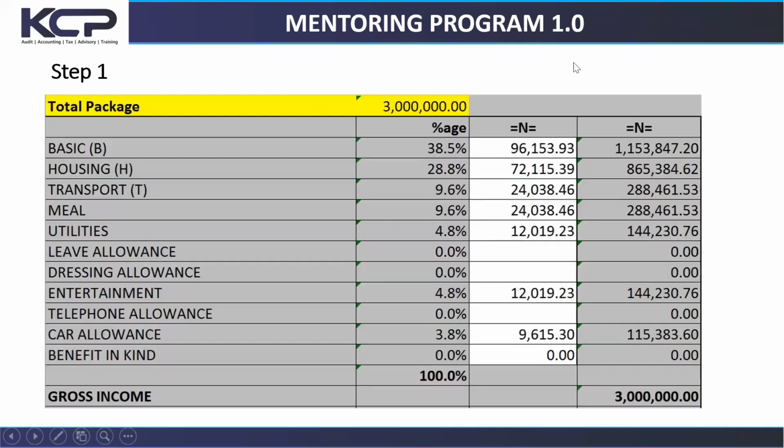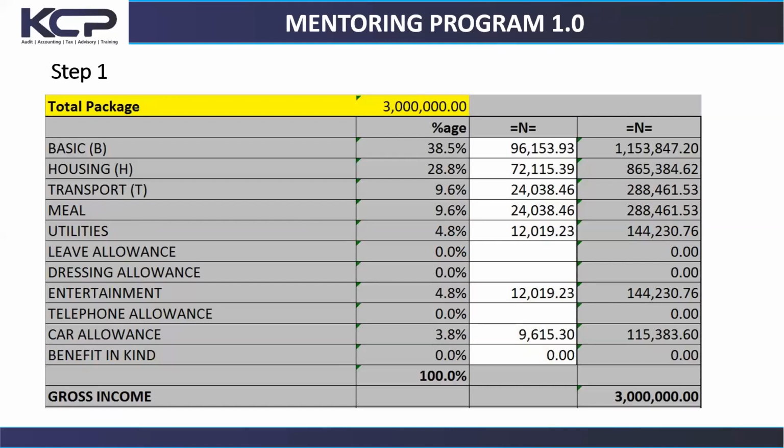Look at this assumption. This particular 3 million salary has been broken down into various components. 38.5% of the amount is basic, 28.8% is housing, 9.6 is transport, 9.6 is meal, 4.8 is utility.